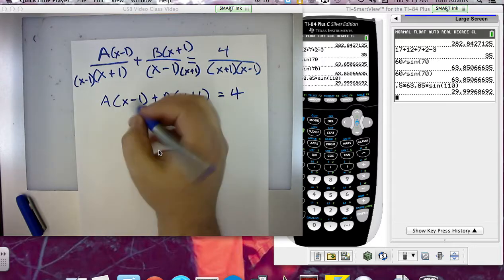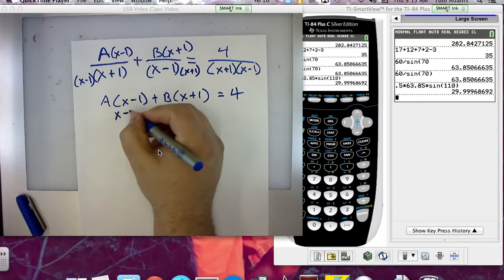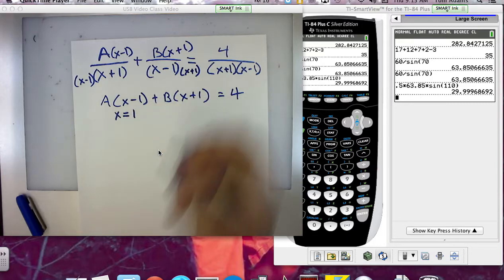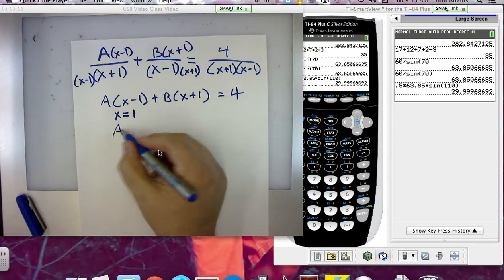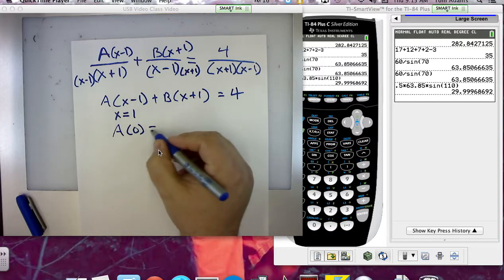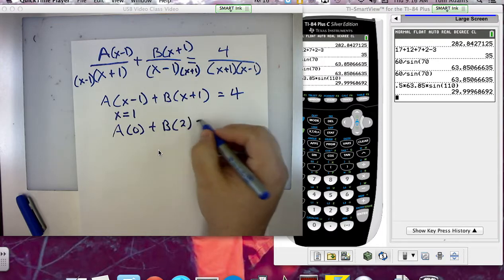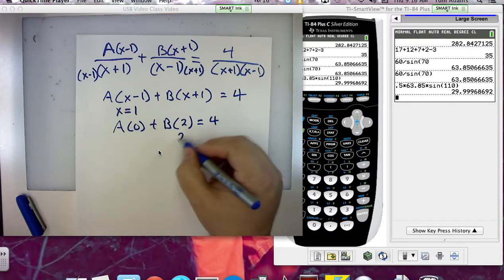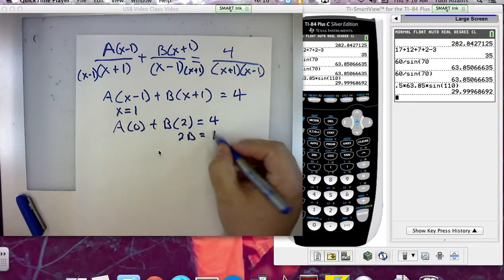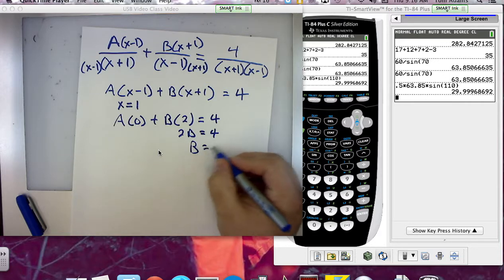Well, if I let x equal positive 1, then I get A times 0 plus B times 2 equals 4, or 2B equals 4, which means that B is equal to 2.